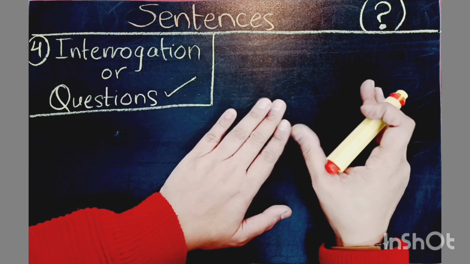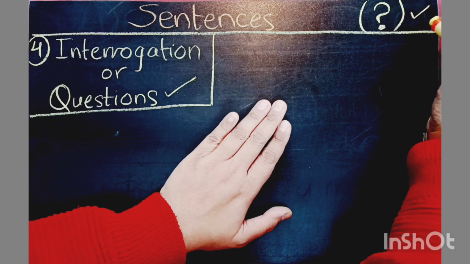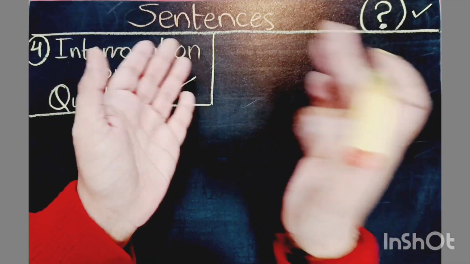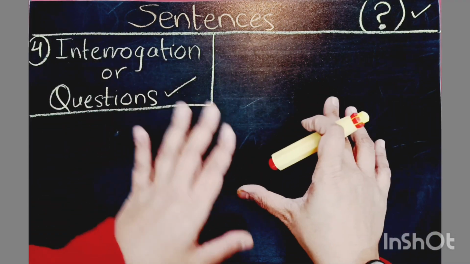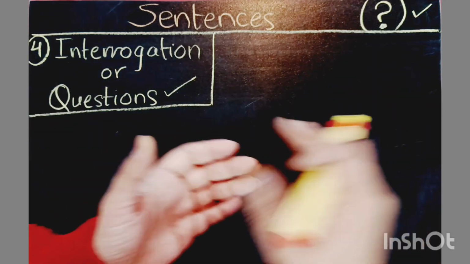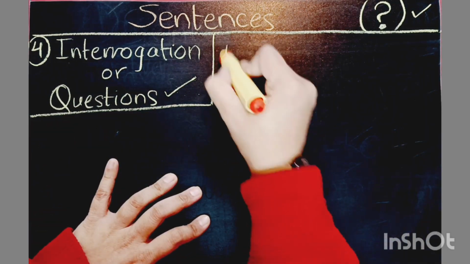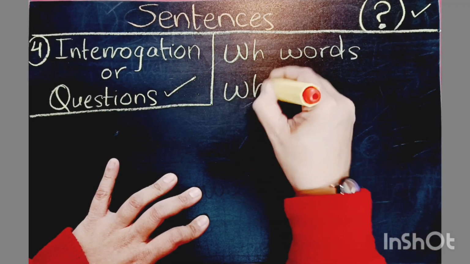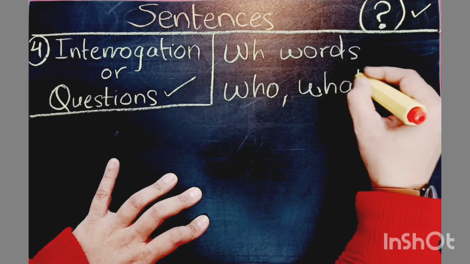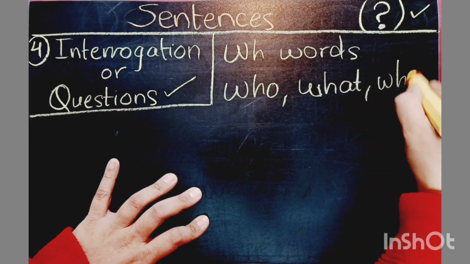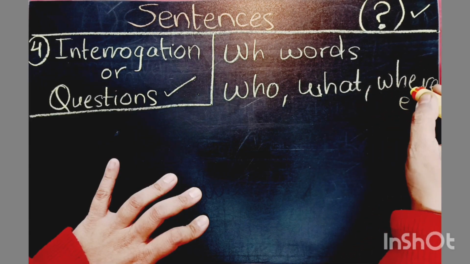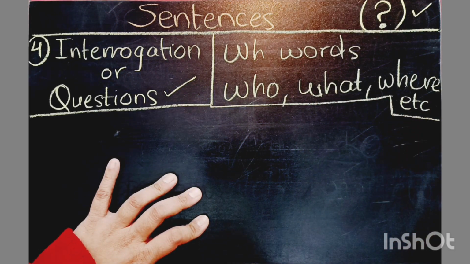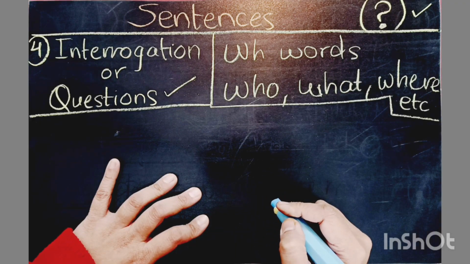And they always end with a question mark, typically starting with a question word that is WH words, as we have already done WH words, and those are sometimes who, like who, what, where, etc. Okay, let us do some examples of these sentences.